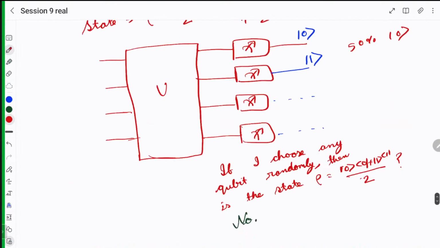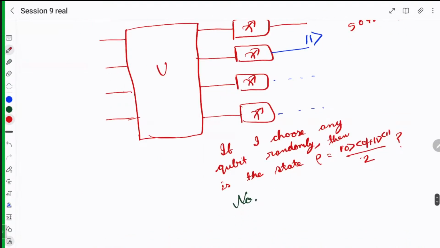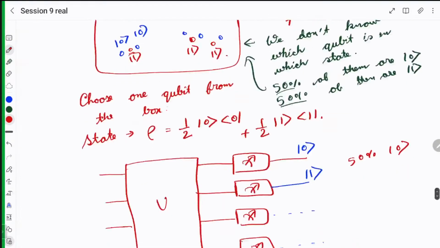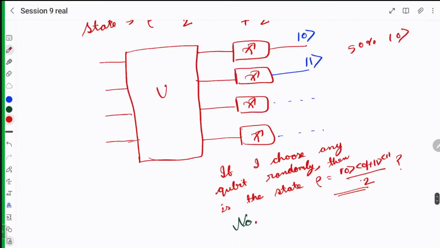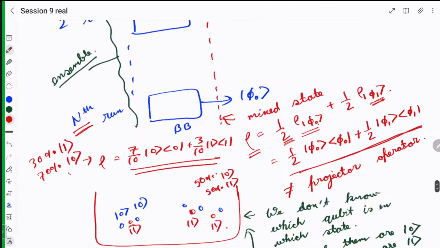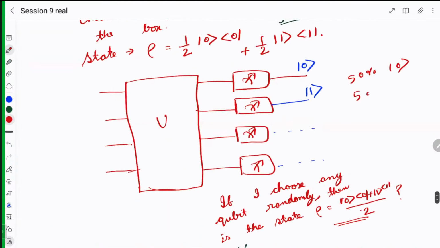And now to answer the question whether the state here is a mixed state, it is no. Now you see that these two cases are very similar. Here also there is 50% Ket 0 and 50% Ket 1, and here also we have 50% Ket 0 and 50% Ket 1. But then what is the difference? Here we know exactly, since we have measured, which qubits are in which state.